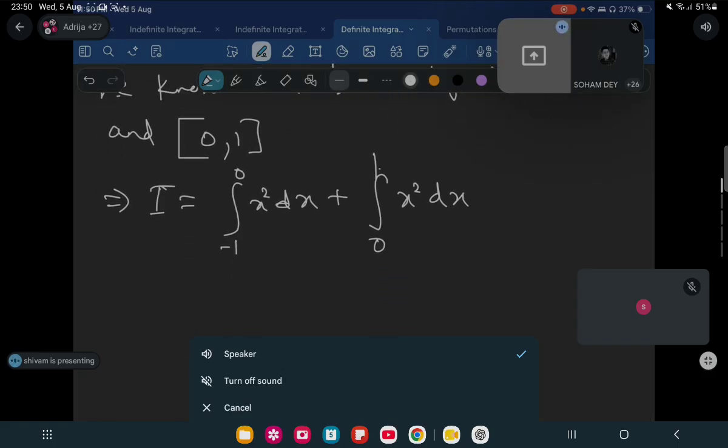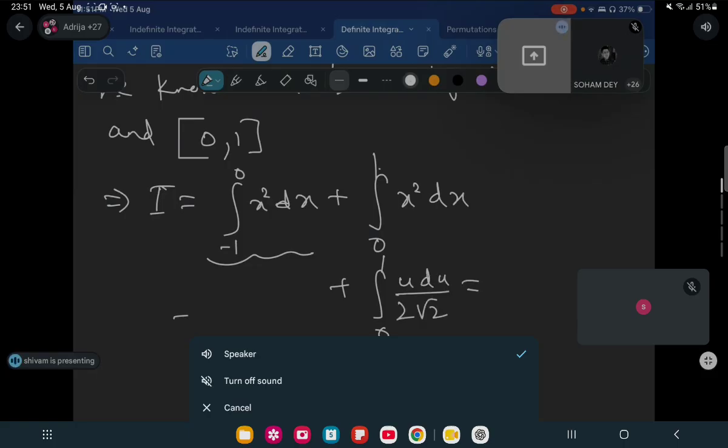You'll get the result. So the integral of x square dx from 0 to 1 becomes integral from 0 to 1 of u into du by 2 root over u.